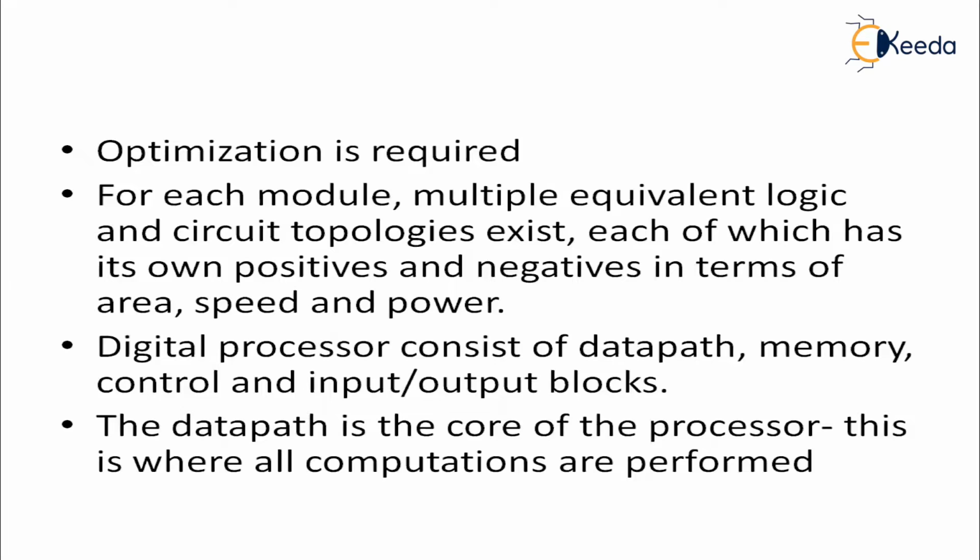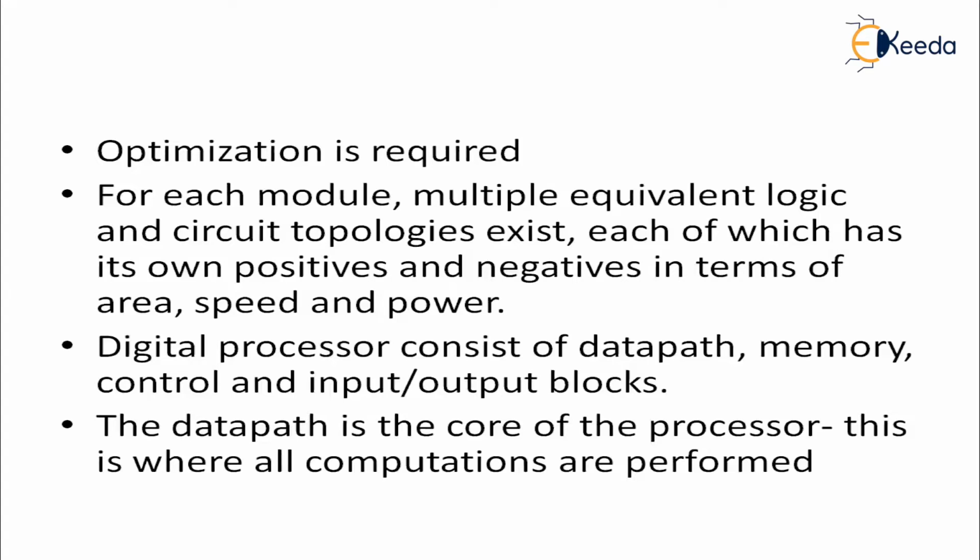Usually the digital processor consists of a data path, memory, control unit as well as input and output blocks. Means I'm feeding an input, right? And the data is processed inside my data path and the output is stored in the memory, and all these operations are carried out by using a control signal, and the processed data will be stored in my output block.